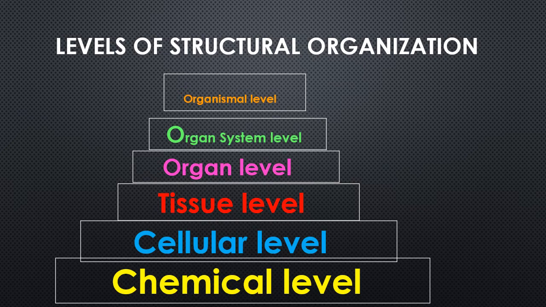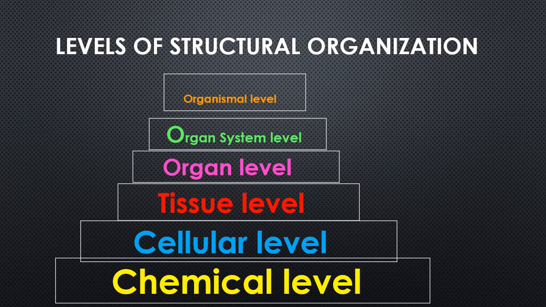What it does is go from the smallest level of structures of importance up to the largest level. At the bottom, we're talking about fewer things involved, and the higher we go on this pyramid, the more we're encompassing or including.